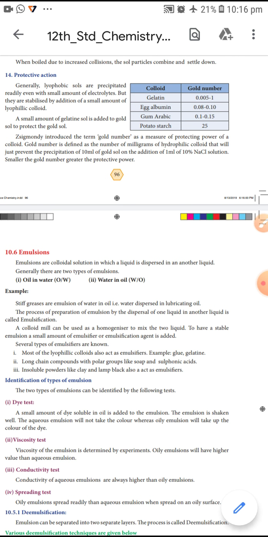The smaller the gold number, the greater the protective power. If the gold number value is very small, the protective power is more.